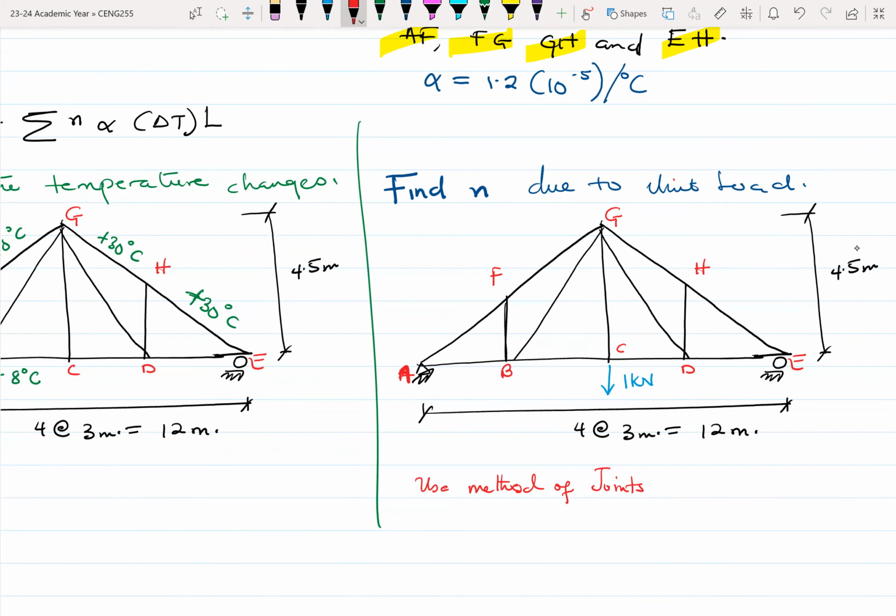Because C is at the midpoint, you can do that on your own. What this implies is that VA will be 0.5 kilonewtons, and VE would also be 0.5 kilonewtons.